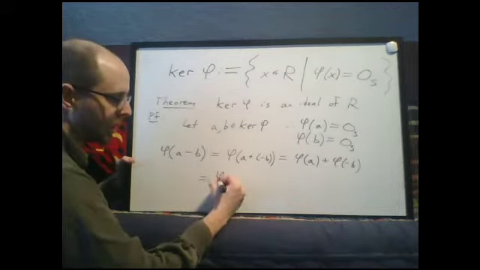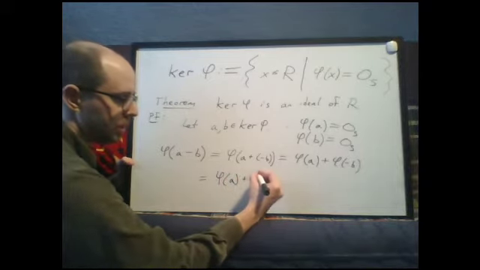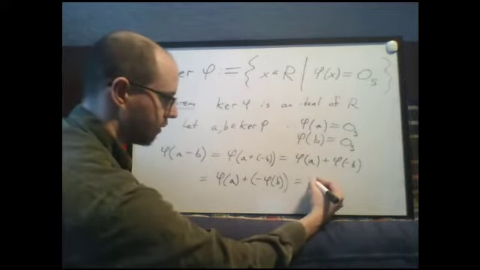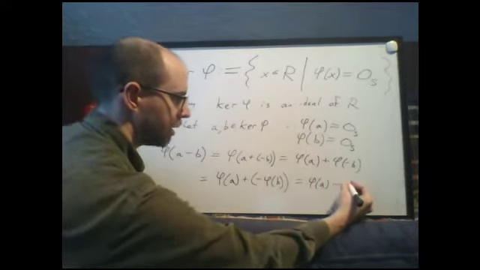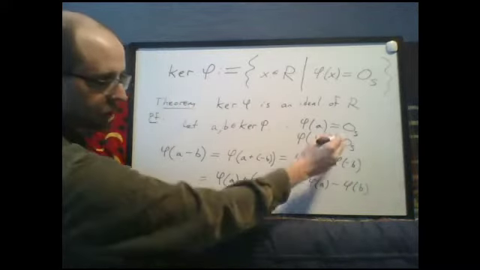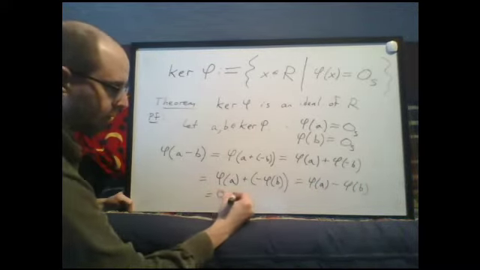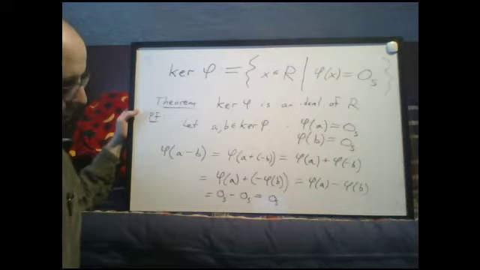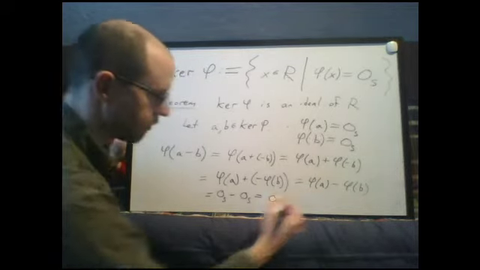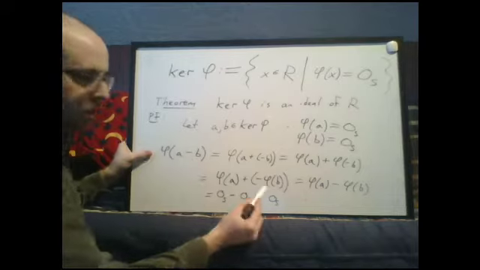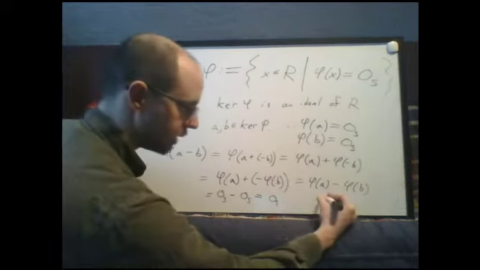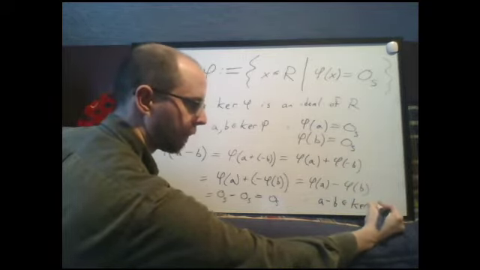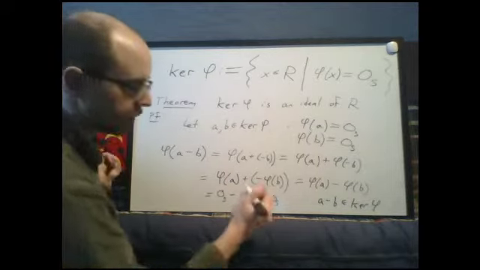So this would be phi of A plus negative phi of B, which just means phi of A minus phi of B. But both of those are 0, so that's 0 minus 0, which is 0. Therefore phi of A minus B equals 0, so A minus B is an element of the kernel of phi.